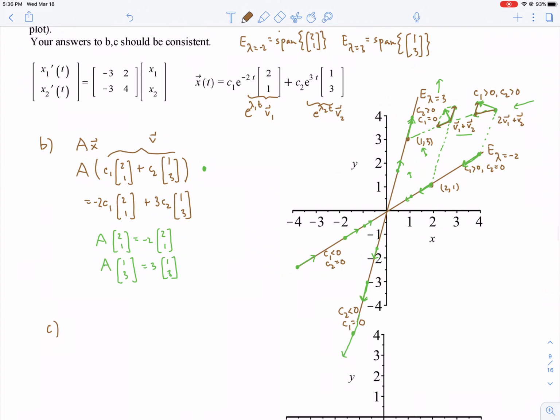So remember, x of t is c1 e to the lambda 1 t v1 plus c2 e to the lambda 2 t v2, which I should have written out for this case: c1 e to the -2t times (2, 1) plus c2 e to the 3t times (1, 3).